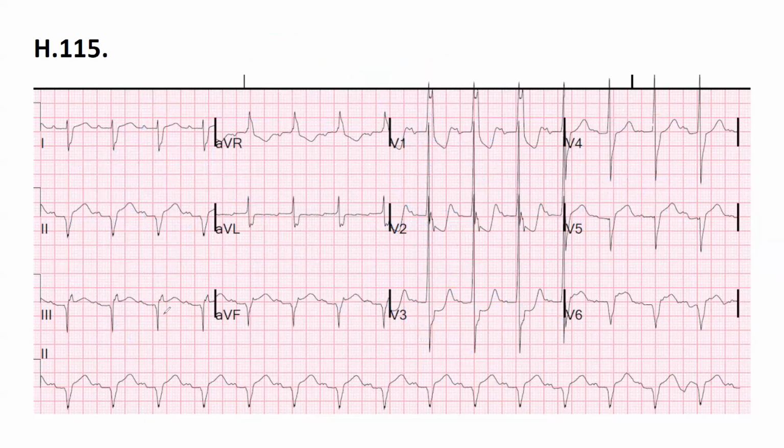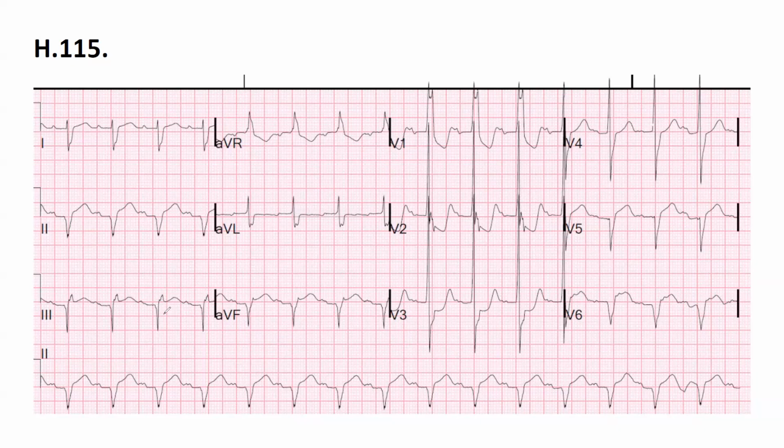Wait, can you repeat the part about the pathological Q wave? Because I kind of get stuck with that all the time. Okay, pathological Q wave. So does it mean like if it's narrow or wide? No, the pathological Q wave means that, first of all, if you're looking at those leads where you should normally see a Q wave, that Q should be wide, at least 1 millimeter, and deeper than 1/3 or 1/4 of the R wave.